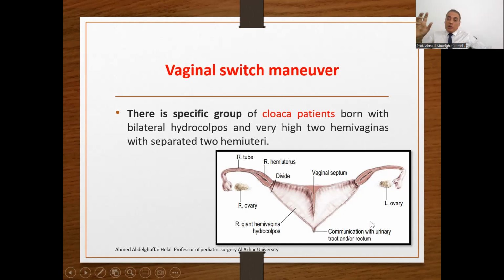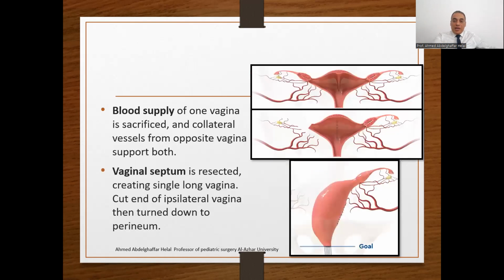So this situation is the 4 situations. You may find 2 hemivaginas, bilateral hydrocolpus, and both hemivaginas are very high in the abdomen. In such cases, we will perform what's called vaginal switch, which means that the blood supply of one vagina and one uterus is divided.